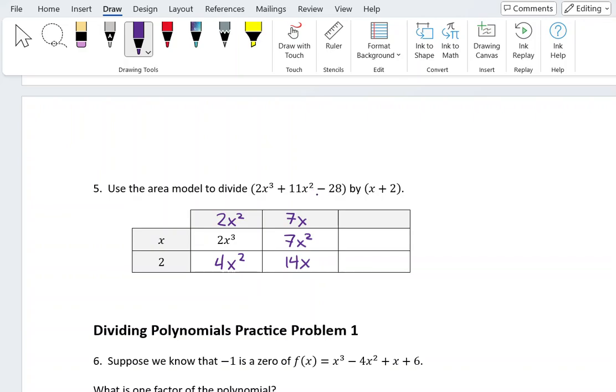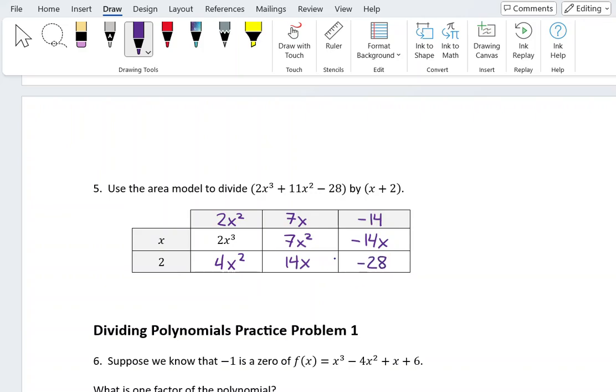So that means that I need to get 0 x's. So 14 plus what equals 0? That has to be minus 14. Now I can put what goes in this box. What times x is negative 14x? Negative 14. And negative 14 times 2 is negative 28.